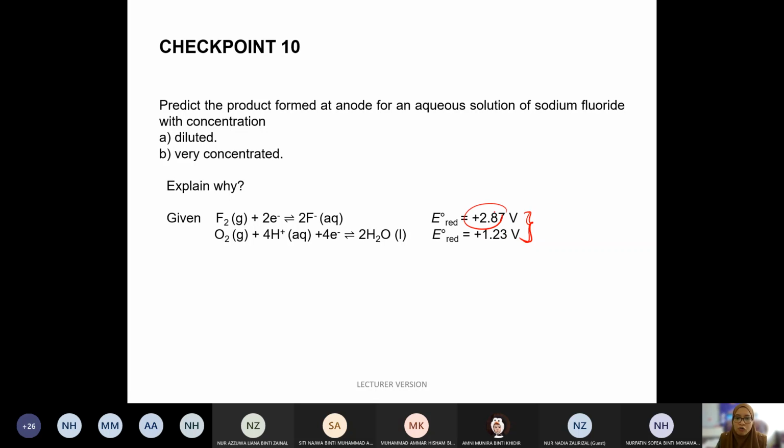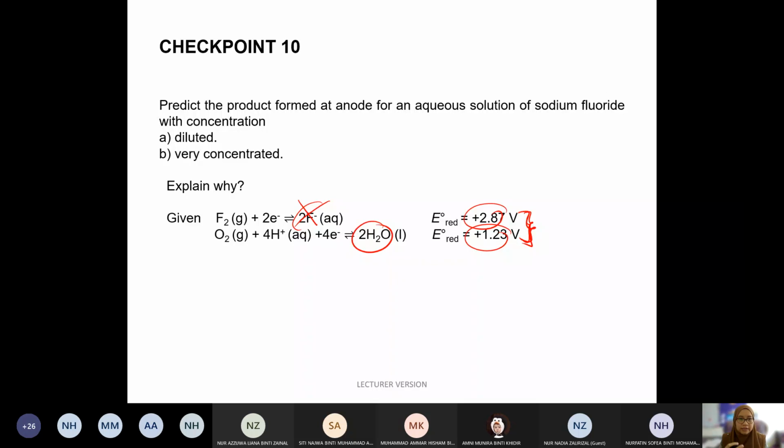So fluoride will not be discharged. It will still discharge H2O. H2O will still be discharged at the anode because the difference is too far apart.